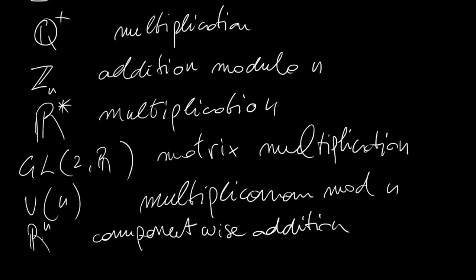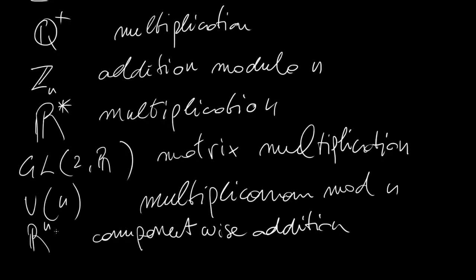So the elements of Rn are A1, A2, A3, up to An, and you have another one that is B1, B2, B3, up to Bn.